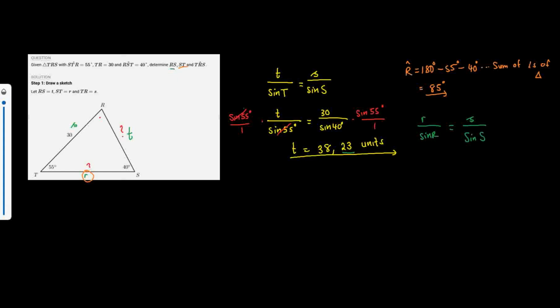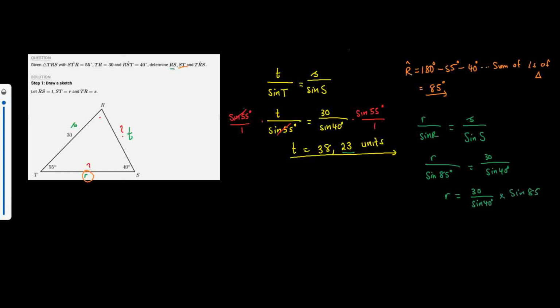And we have R over sine R, we just calculated that to be 85 degrees. It's equal to 30 over sine 40 degrees. So R is equal to 30 over sine 40 degrees times sine 85 degrees.